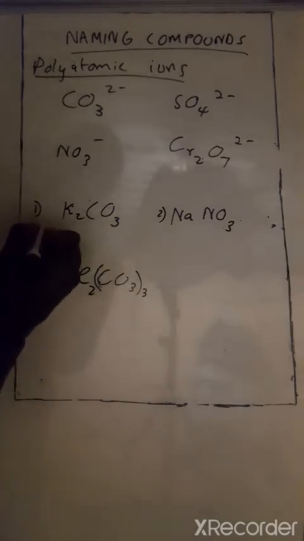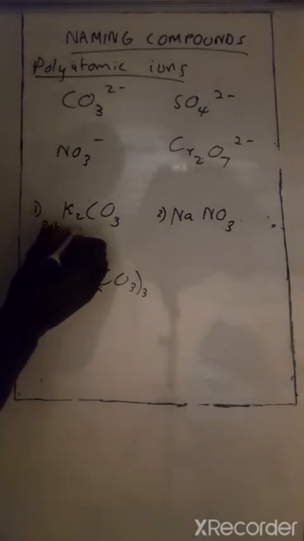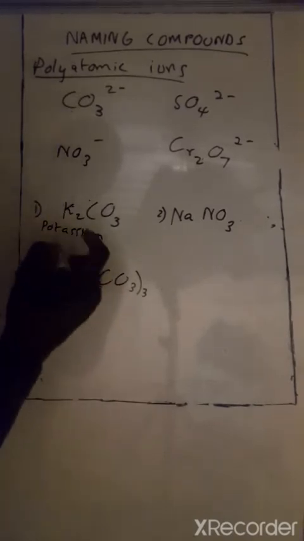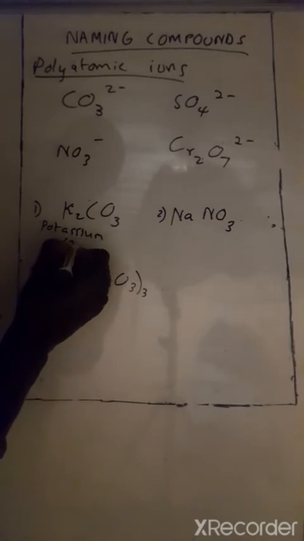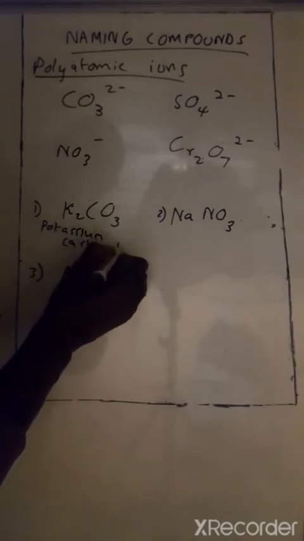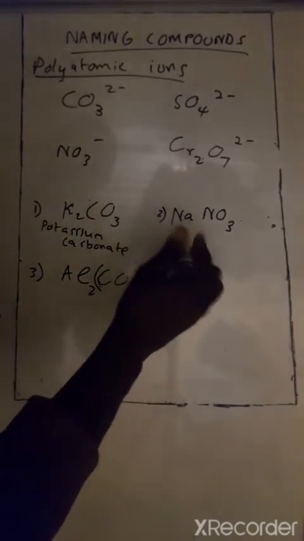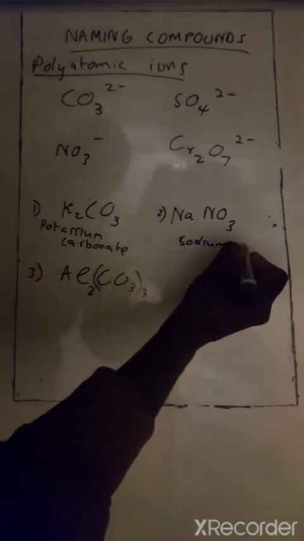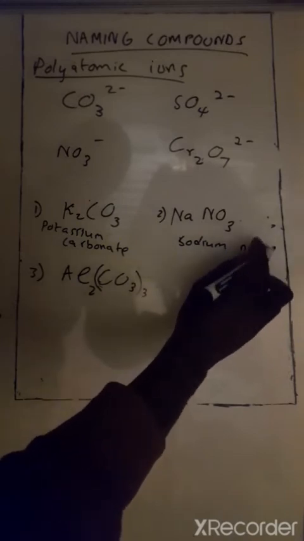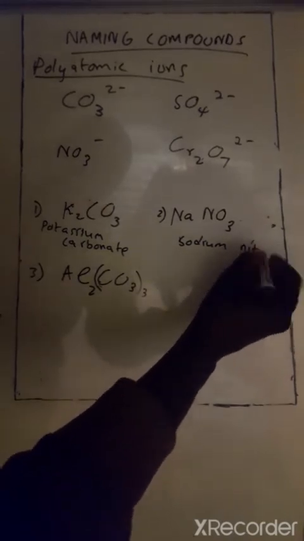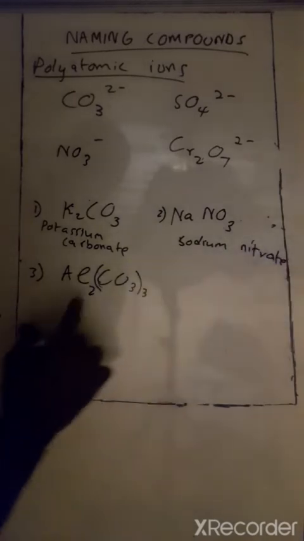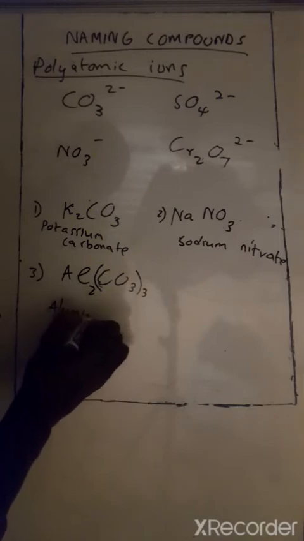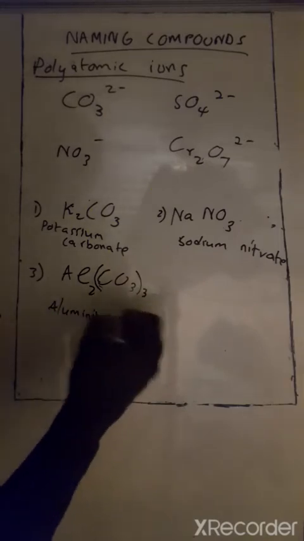Now here we have potassium. Remember we said this is a carbonate ion, so it's potassium carbonate. Here we have sodium nitrate. Here we have aluminium carbonate.